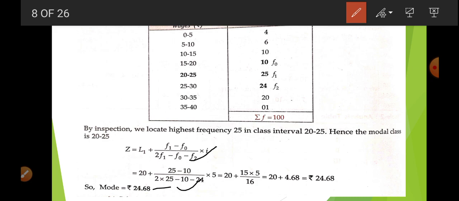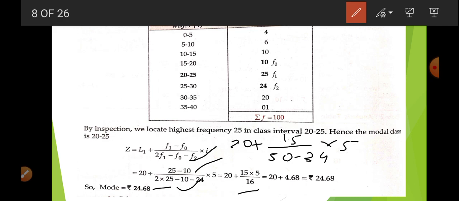And 25 multiplied by 2, so I'm going to do it here: 20 plus 15 upon 50 minus 34. When we subtract, we get 16, and this is multiplied by 5. Now we do the calculation and we get the answer 24.68.